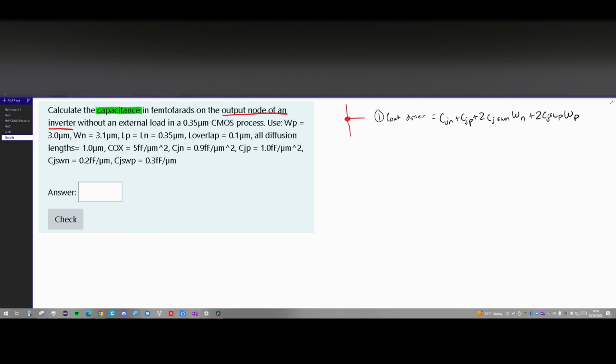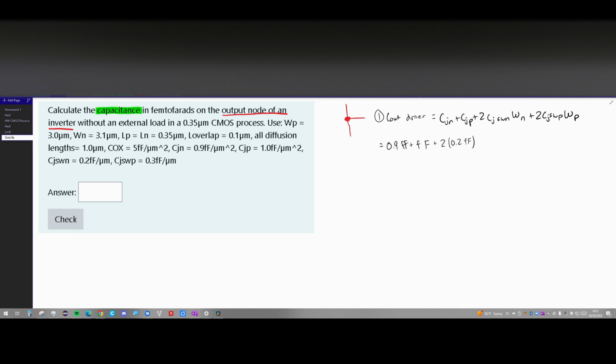So this is going to be our equation, and we're just going to plug our values into it. You can use the values that I have as a template if yours are different. For our Cjn for this problem, we have 0.9, and this is in femtofarads per micrometers squared, plus 1 femtofarad per micrometers squared for our Cjp, plus 2 times our Cjswn, which is 0.2 femtofarads for this problem.